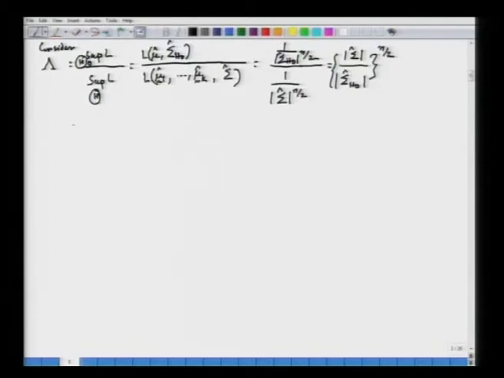We consider lambda star, which is lambda raised to the power 2 by n, so that we simply get this ratio: determinant of sigma hat divided by determinant of sigma hat under H naught, that is, determinant of the MLE of sigma divided by determinant of the MLE of sigma under H naught.